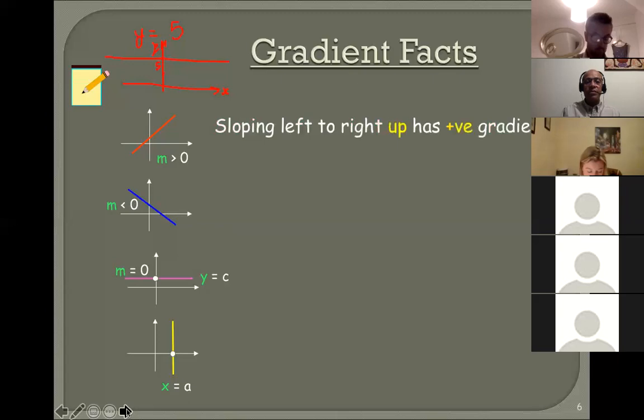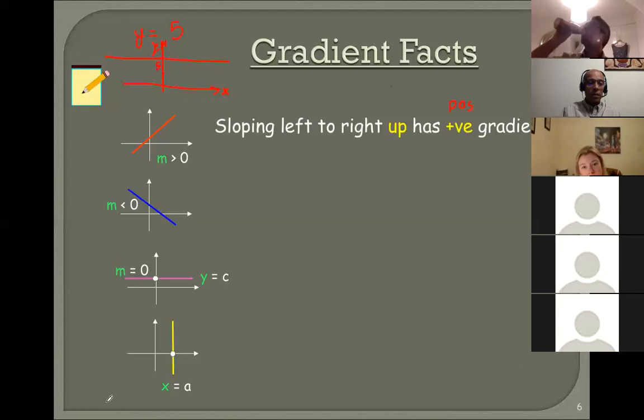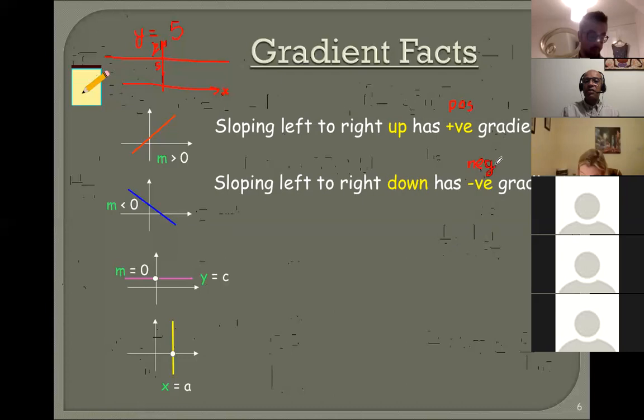Okay? So plus ve just means positive. Minus ve just means negative. So sometimes you see people calling it plus ve gradient or minus ve, so it just means positive or negative, or that sign, greater than 0, less than 0.